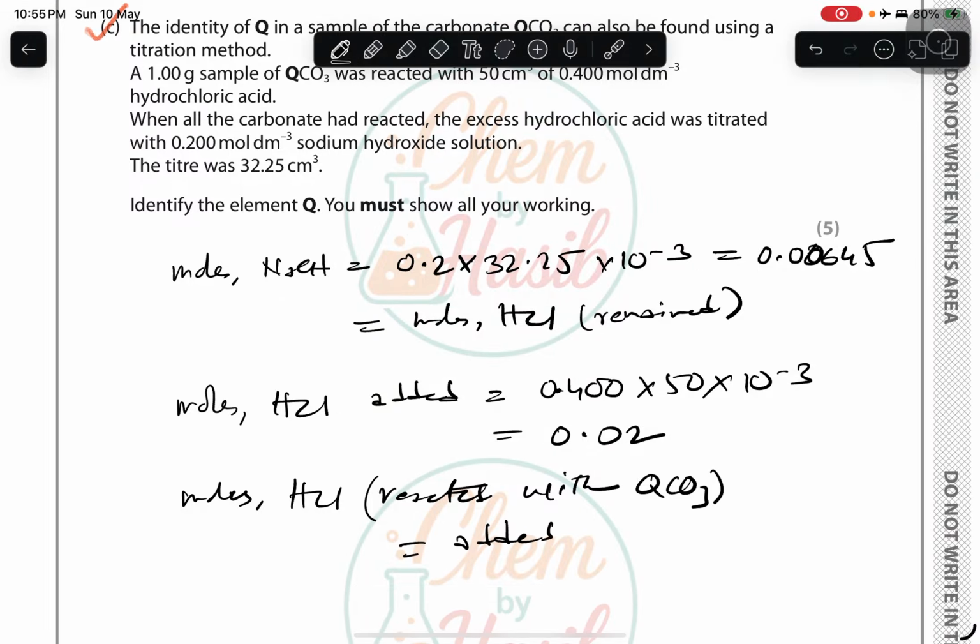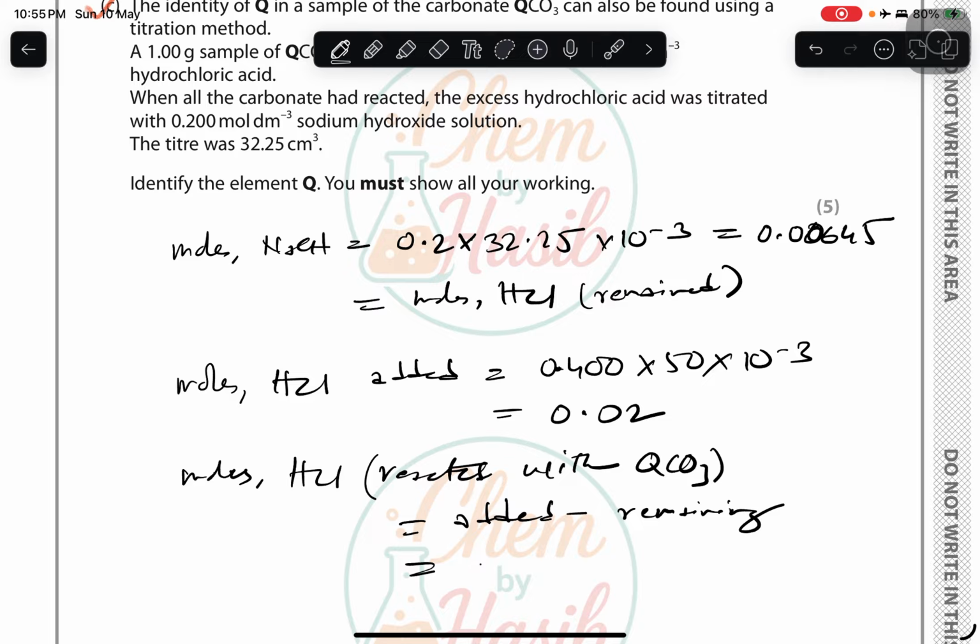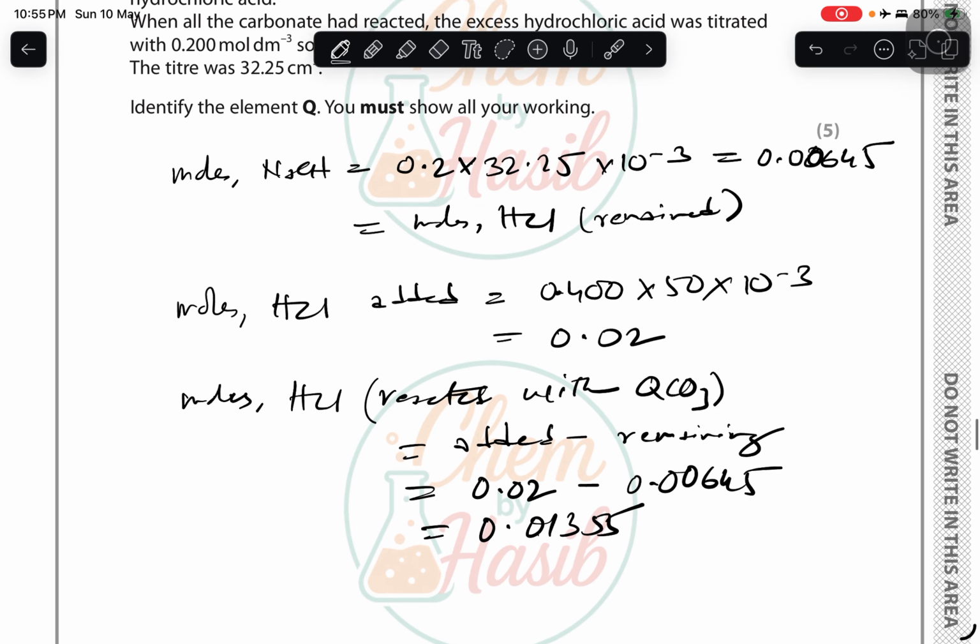Added minus remaining will give you the moles of HCl that reacted. The moles added is 0.02, minus remaining is 0.00645. So if you subtract, it comes out to be 0.01355. So that is the moles of HCl that reacted with QCO3.